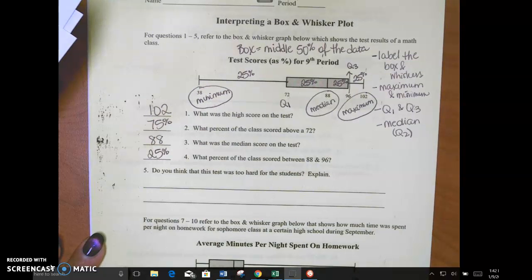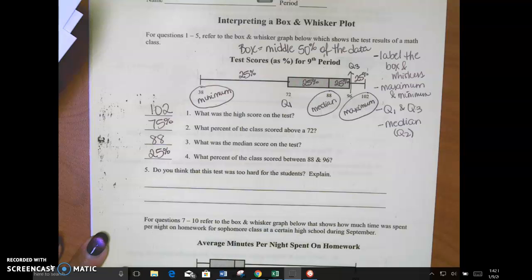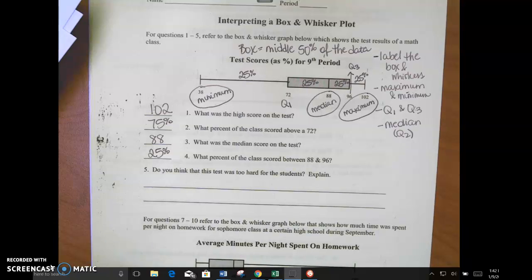Do you think this test was too hard for the students? No. Explain. I need something that is based off of this data to help me explain why or why not the test was too hard. Because 75% of the students got higher than a 72. Good. So was it too hard or no?